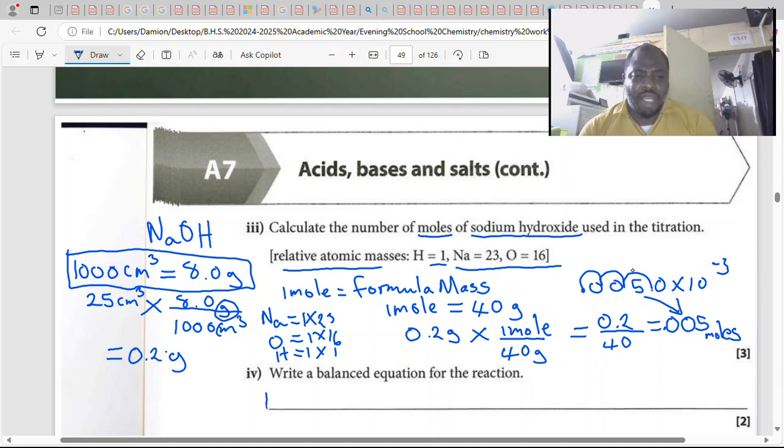We know that all acids are aqueous. All the alkalis are also aqueous.